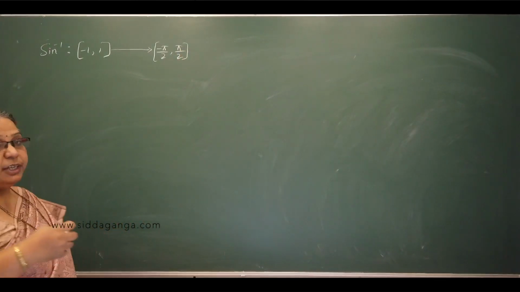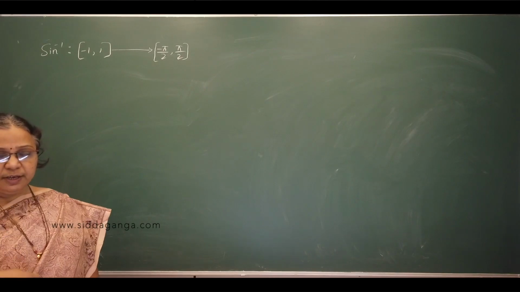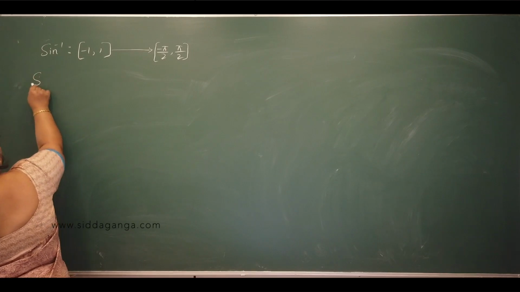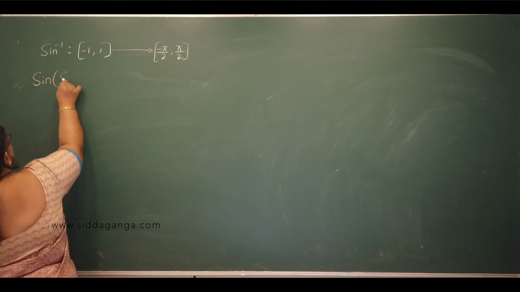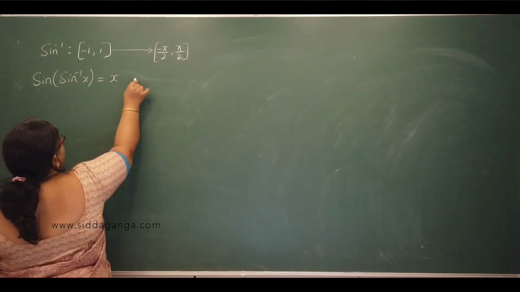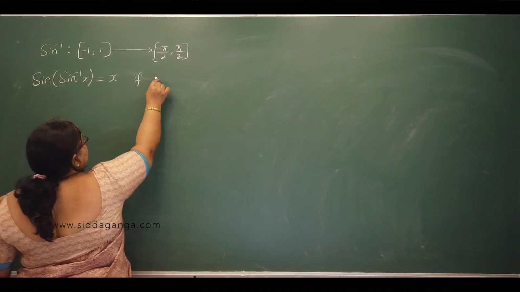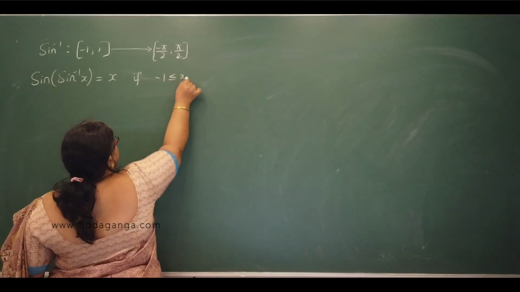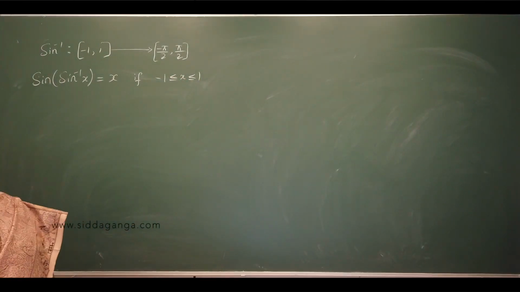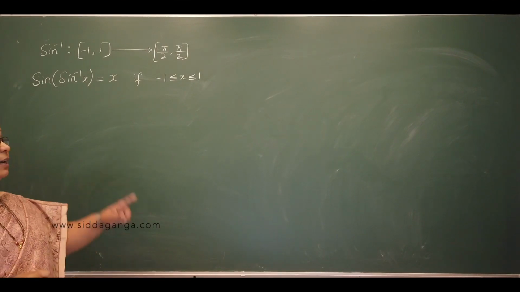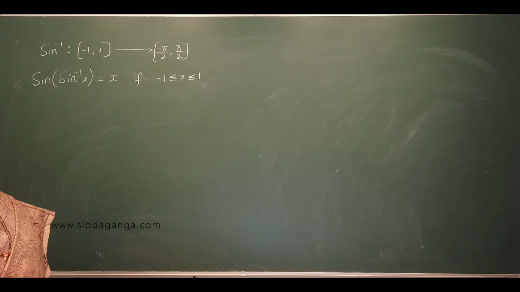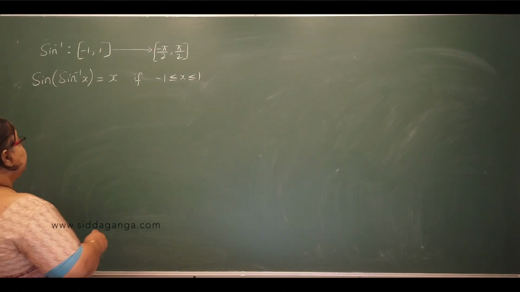According to the definition of the inverse of a function, we can write sine of sine inverse x is taken as x only if x belongs to the closed interval minus 1 comma plus 1.